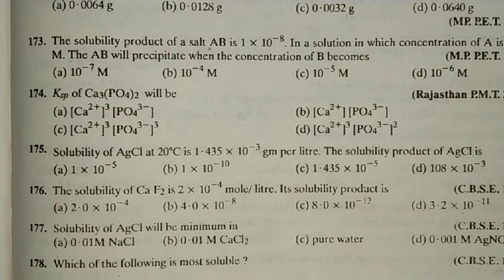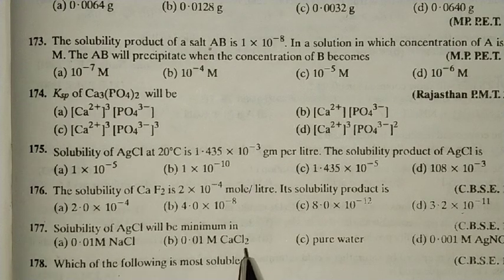So common ion. You know common ion: the suppression of the dissociation of a weak electrolyte by the addition of a strong electrolyte having the same ion is called the common ion effect. In this case 0.01 M only, but in this case 2 moles of Cl, that is why 2 into 0.01 M. Is it okay? Definitely in which case more common ions are there, that case shows minimum solubility.